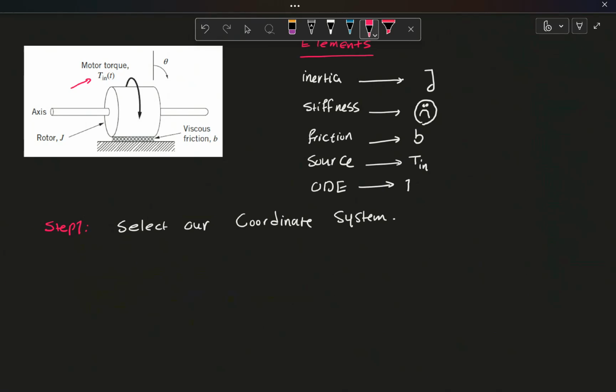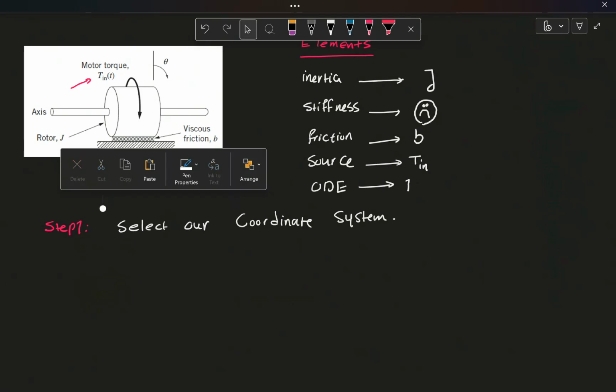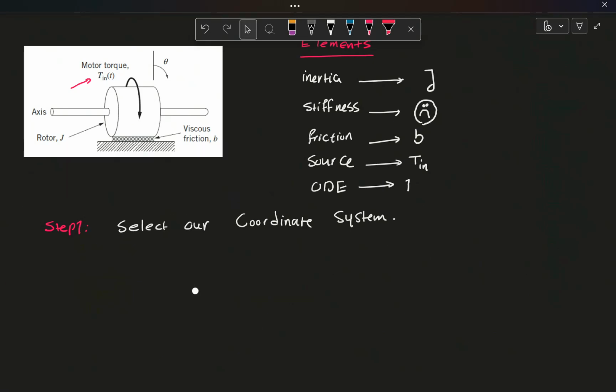If you look at the setup from the front view, you see that theta is actually going out of the plane.